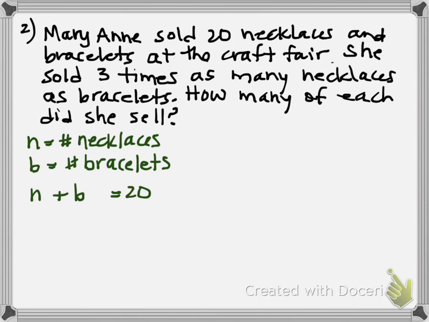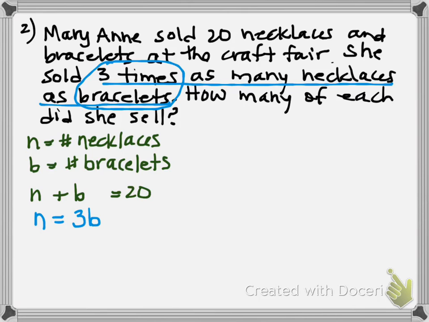So how we translate this equation is we're going to pair up the math with the guy at the end. Necklaces is what she has the most of. So we're going to have N, and it's going to be the same as 3 times the number of bracelets. So I have to increase the number of bracelets threefold in order to represent the number of necklaces.